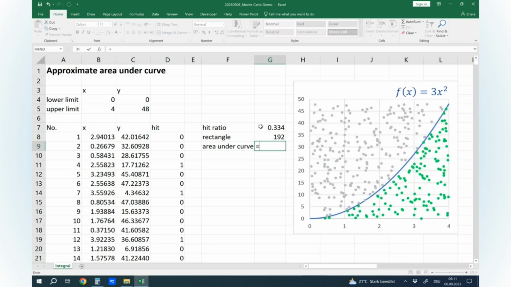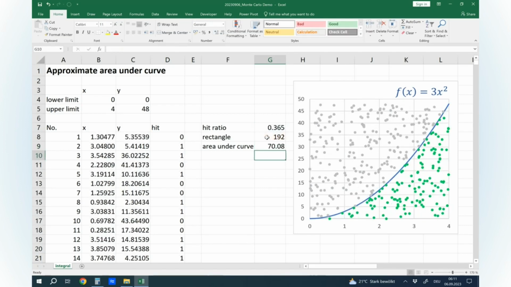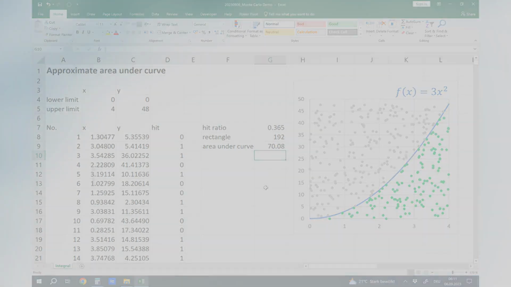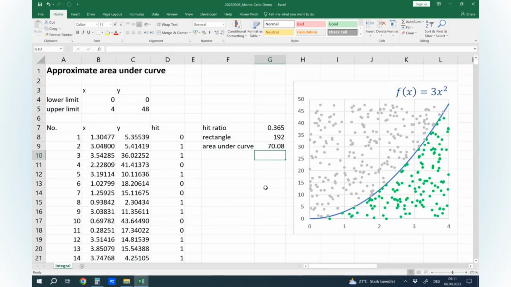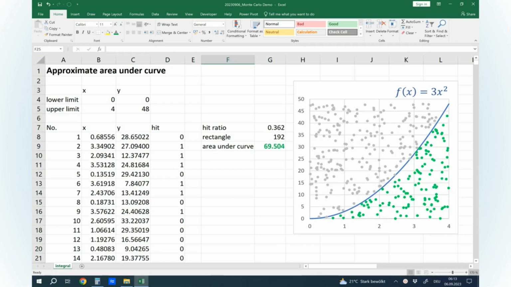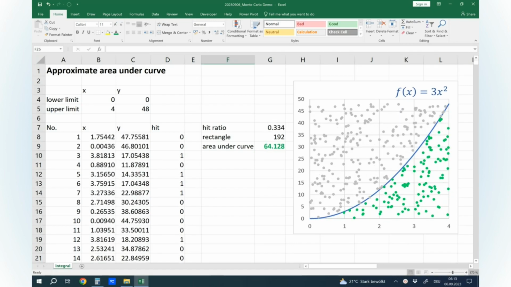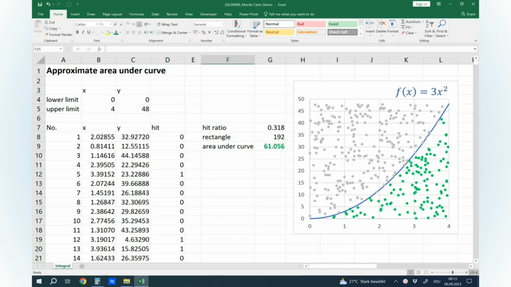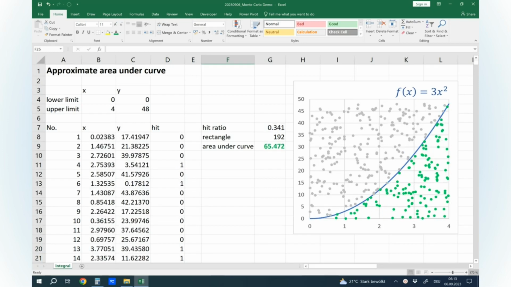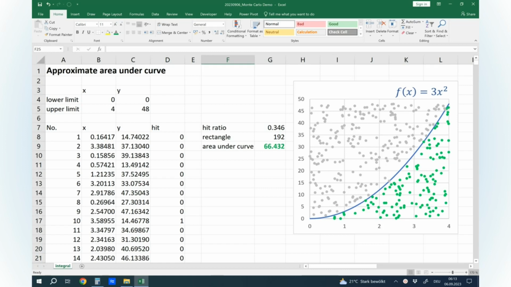The outcome is an approximation for the integral we seek. Obviously, we do know that the integral is 64, and our estimate is somewhat off. With each press of the F9 key, I receive an update revealing how our approximation orbits around the correct value. Nonetheless, it's evident that the deviation can be substantial.